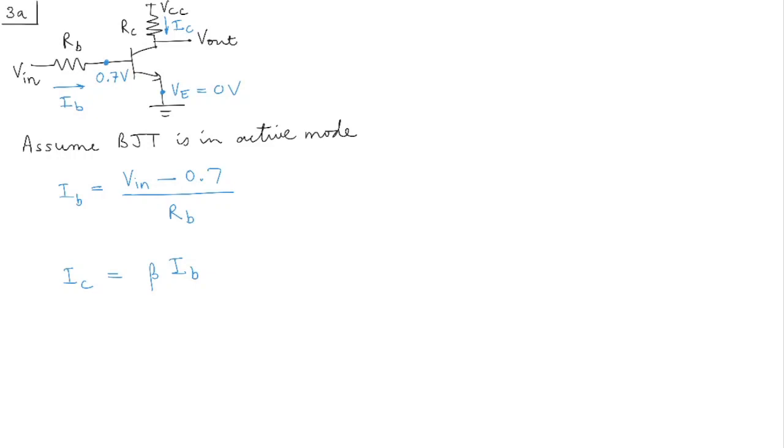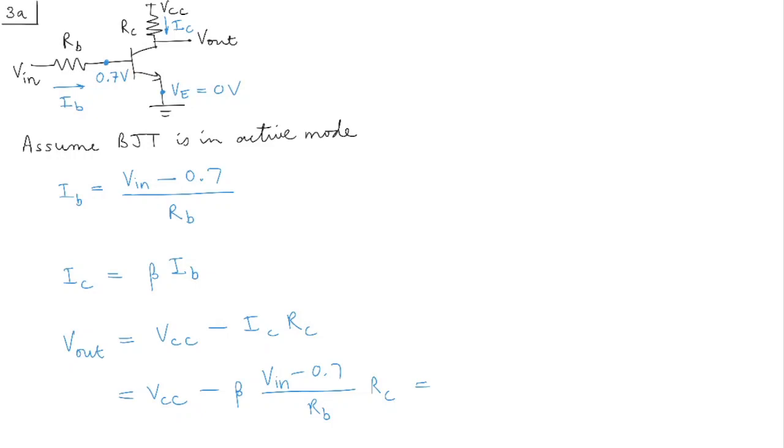Now, if we have IC, we should be able to calculate V out, which is simply VCC minus IC times RC. So which is equal to VCC minus, now let's replace IC. IC is beta times IB. IB is V in minus 0.7 divided by RB times RC.